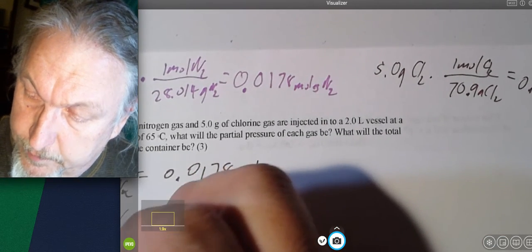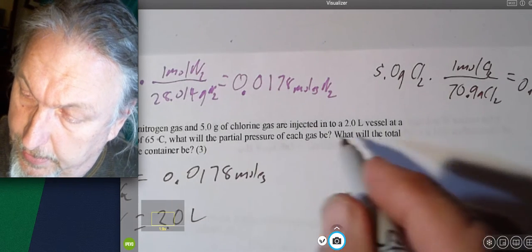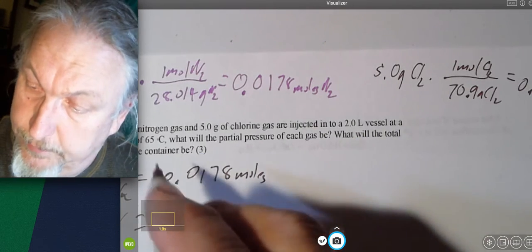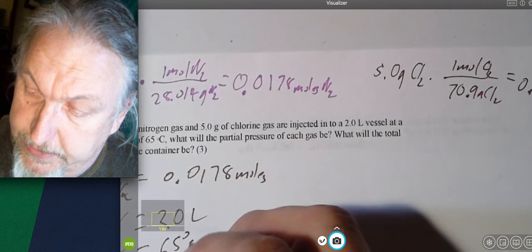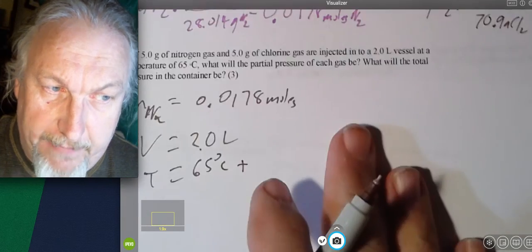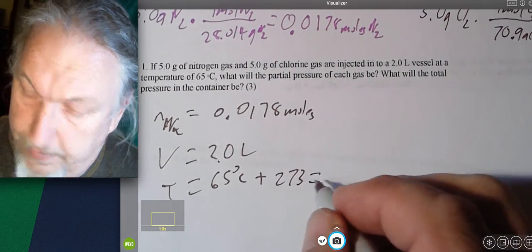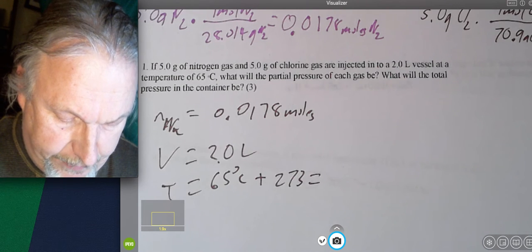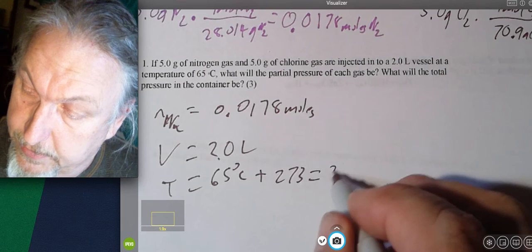Volume is 2 liters. And the temperature is 65 degrees C, and since it says degrees C, I know I'm going to have to add 273 to that. That's 65 plus 273, 338 Kelvin.